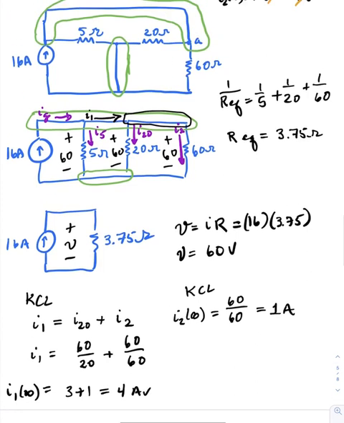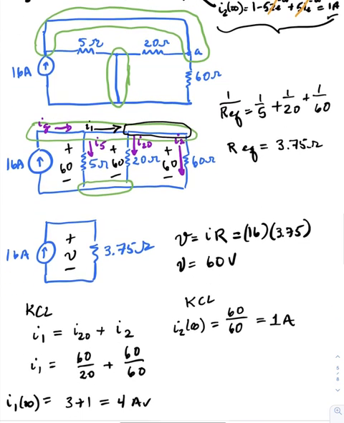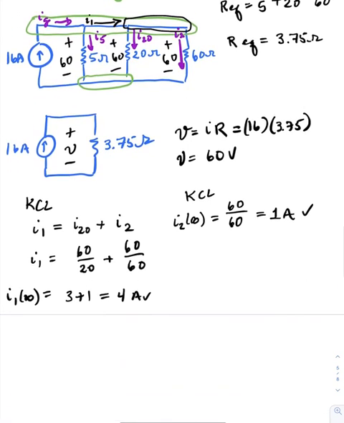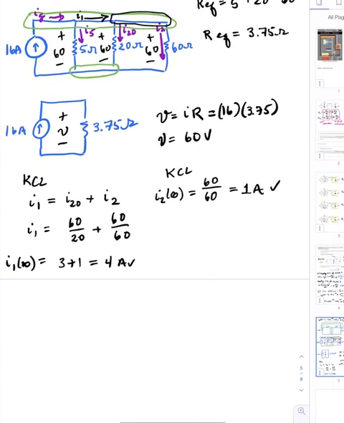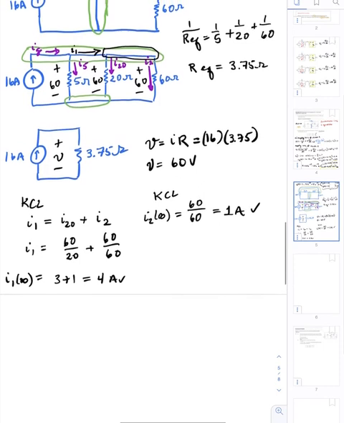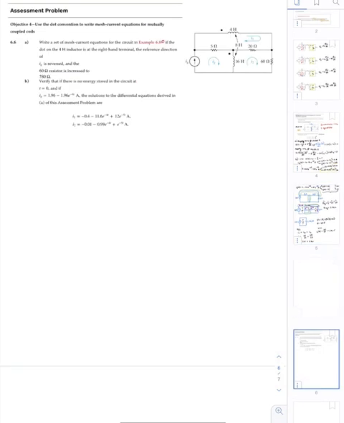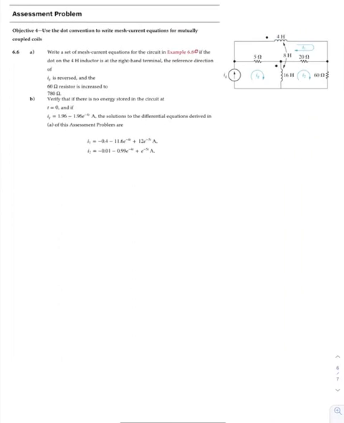And from our equation above, we found I sub 2 at infinity is 1 amp, so that checks out. Okay. Guess I didn't need this extra page here, so let's say goodbye to that. Delete page. Okay, and let's move on to the assessment problem.